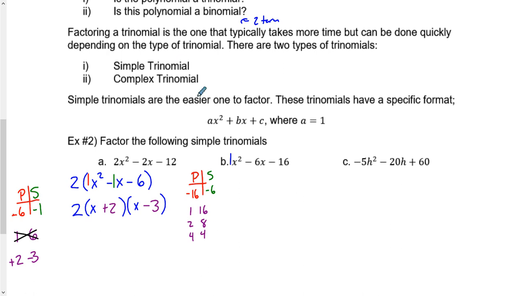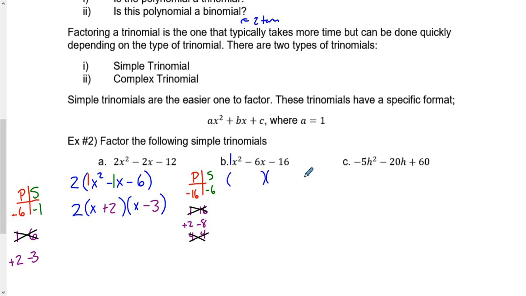Of course, there's no way, shape, or form that 1 and 16 would ever add together give you -6. Same thing with the 4 and 4, which means we'd have to then look at the 2 times 8. The only way that we can get a sum of -6 is if our 8 was negative, which means that our 2 would have to be positive.